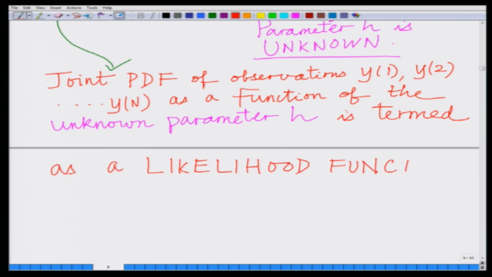This is the likelihood function which is basically the joint probability density function of the observations y1, y2, yn, viewed as a function of this unknown parameter h. This is known as the likelihood function of the parameter h. The argument is the unknown parameter h. In a certain sense, for each value of h, this represents the likelihood corresponding to the unknown parameter h.